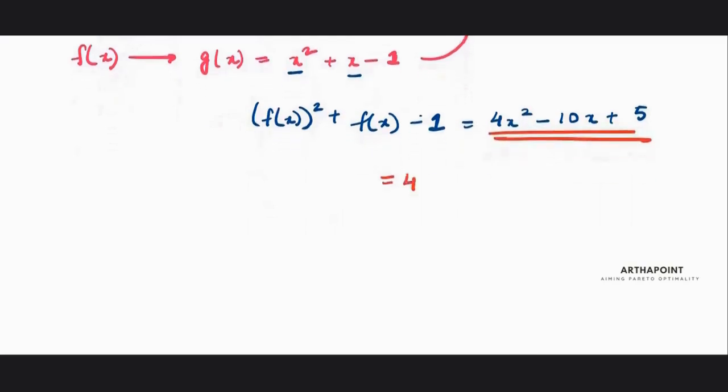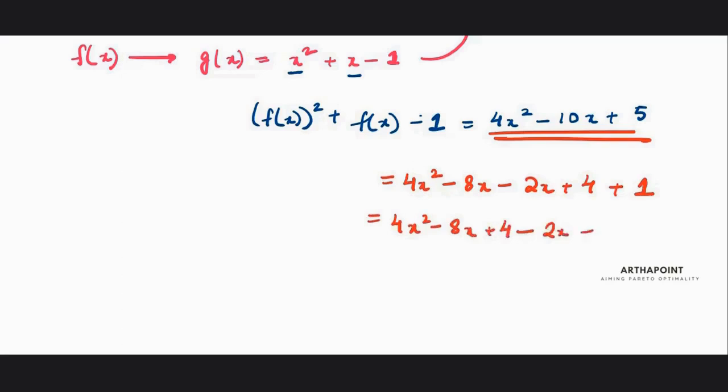Let's rewrite this as 4x squared minus 8x minus 2x plus 4 plus 1. Let's say that this is 4x squared minus 8x plus 4, minus 2x plus 1. This is nothing but 2x minus 2 whole square minus 2x plus 1.